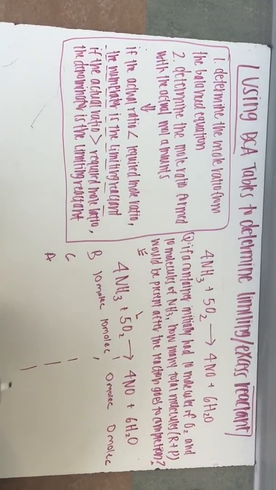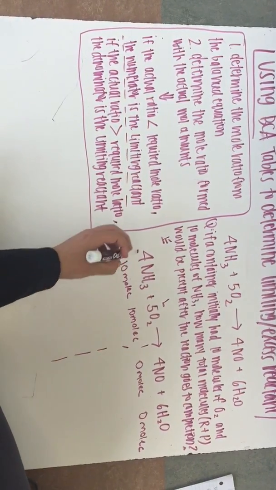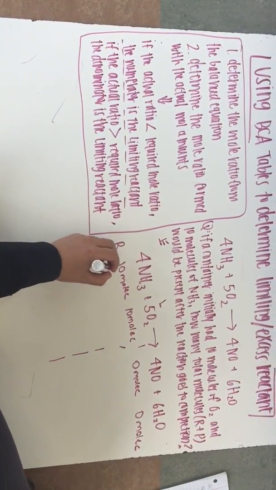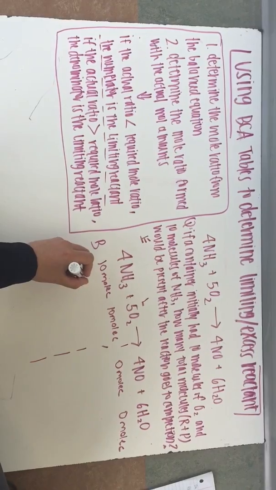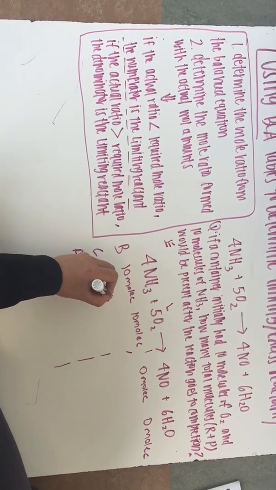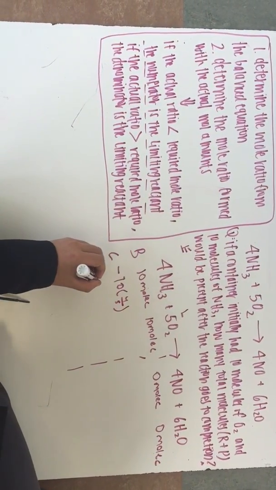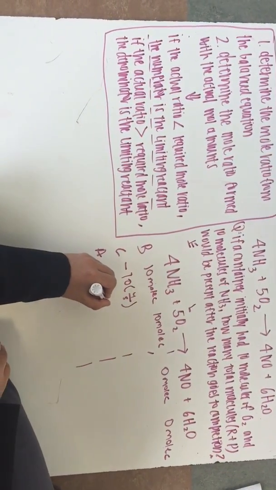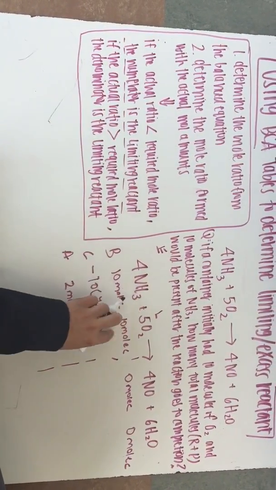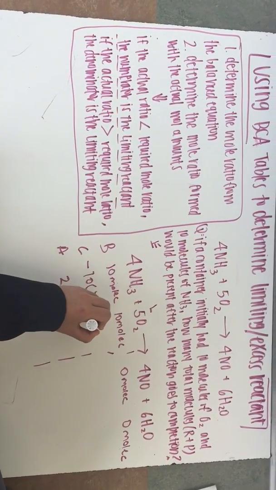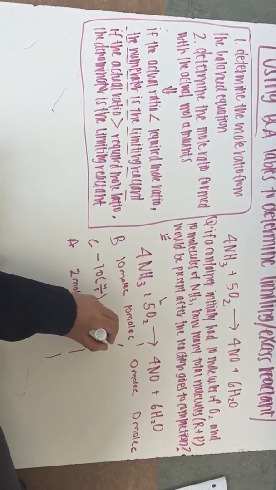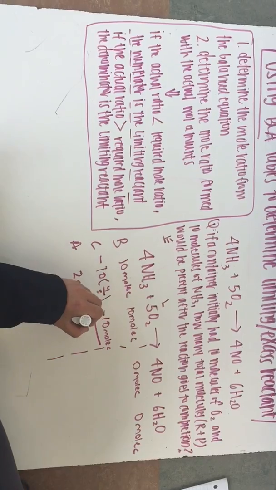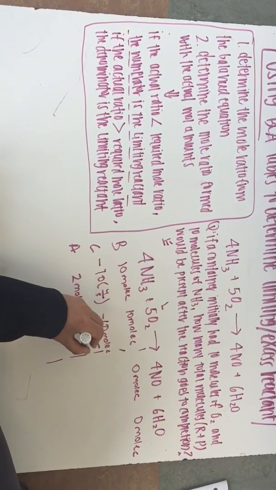And after that, it's just a simple BCA table. So minus, since this is excess, 10 times 4 over 5 equals 8. So 2 molecules left over there. And then here, it's just simple, minus 10 mol, 0 mol.